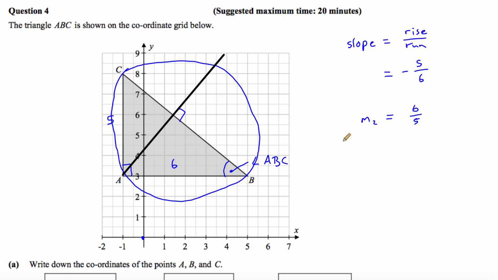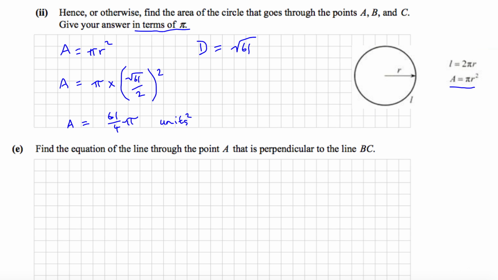And then we're just going to use 6/5 and the point A, which is -1, 3, in our formula for the equation of a line, the same one we used earlier. If you remember, the formula was y minus y1 is equal to m bracket x minus x1.